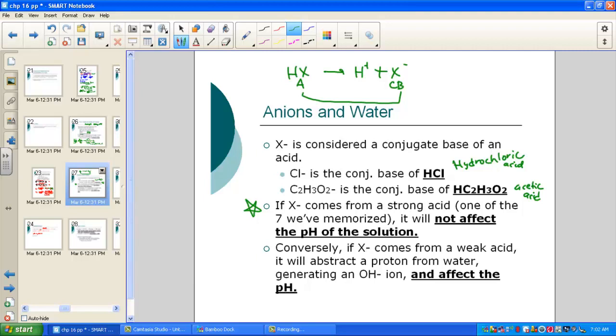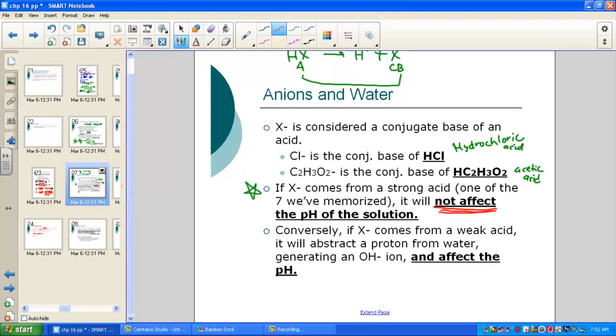If the conjugate base, whatever X negative is, comes from a strong acid, one of the 7 that we memorized, it will not affect the pH of the solution. No effect. However, if the conjugate base comes from a weak acid, it will abstract the proton from water and affect the pH. It will generate the base ion.